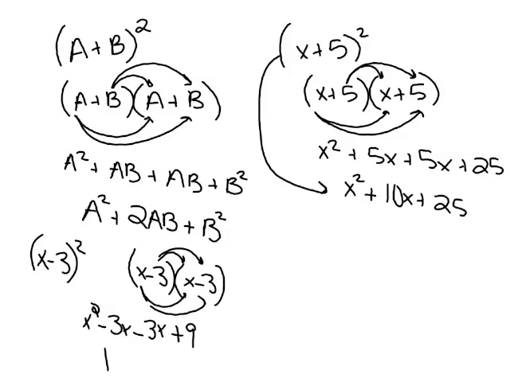Combine like terms: x squared minus 6x plus 9. Same shortcut here: x squared, negative 3 squared, there's my first and last terms, and then it's 3x times 2. It's just little shortcuts. If you're more comfortable FOILing it out and doing it the whole way, go right ahead.